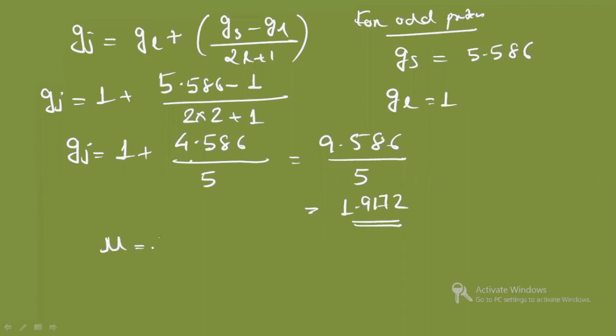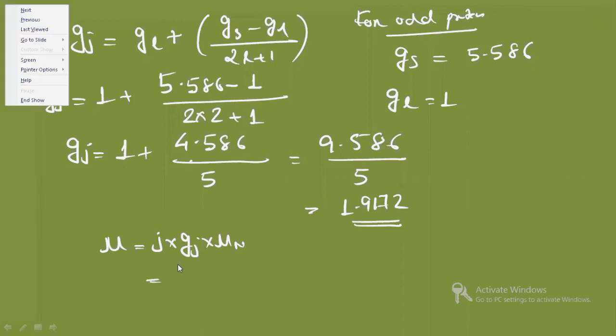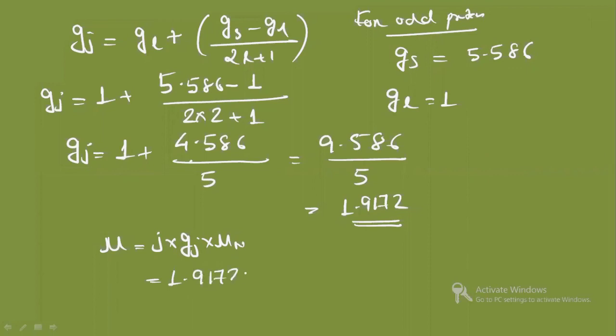Mu is equals to what? J into Gj into mu n. All right. So when you calculate this as a whole, what do you get? J into Gj into mu n. So you will write 1.9172.